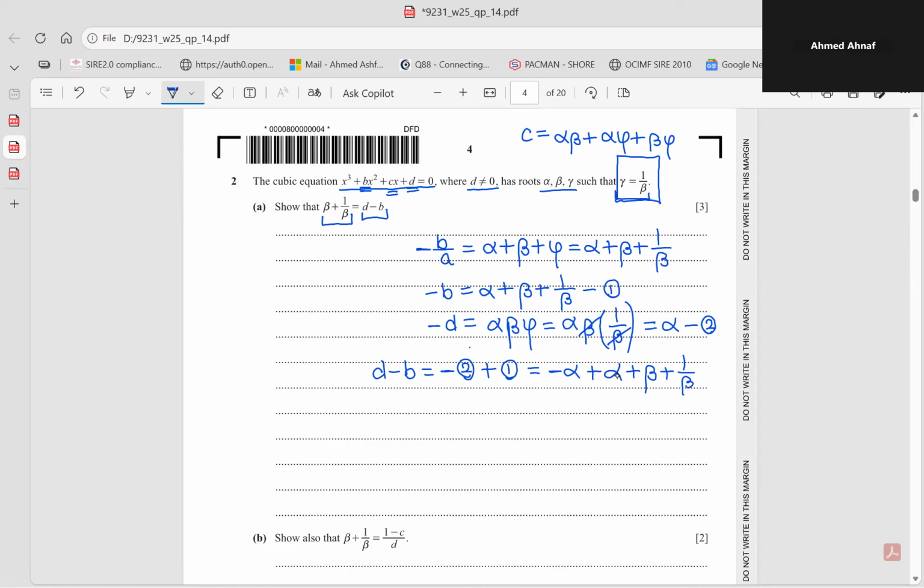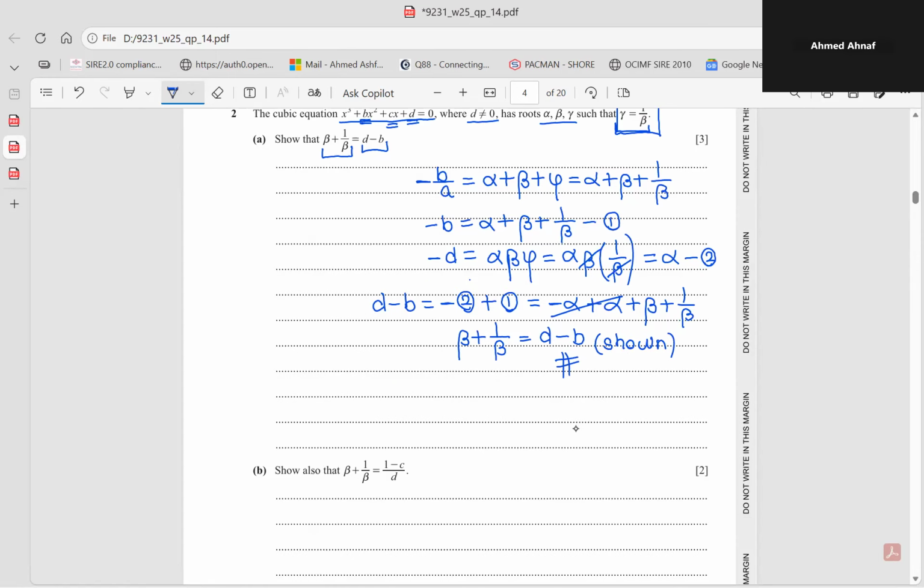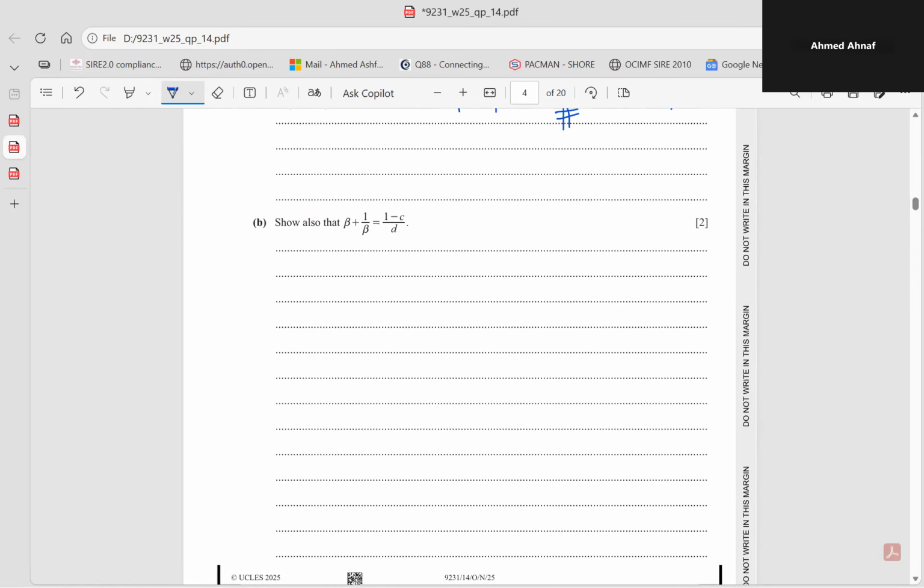Minus alpha plus alpha, those two cancel out, and we automatically have d minus b equals beta plus 1 over beta. So that just gives us our required result, which is beta plus 1 over beta is equal to d minus b. You can write "shown" here to conclude your answer. And with that, we can move on to the next part.